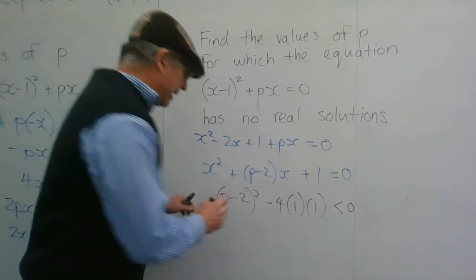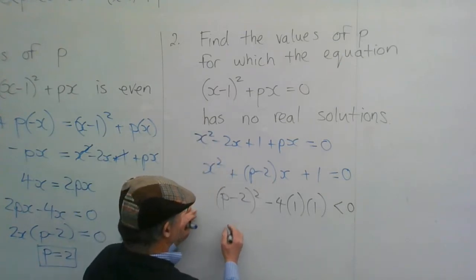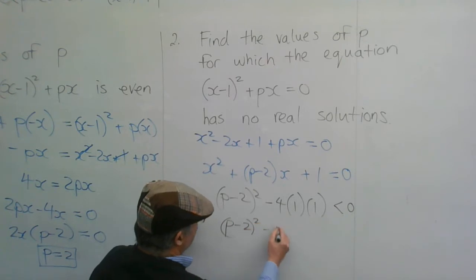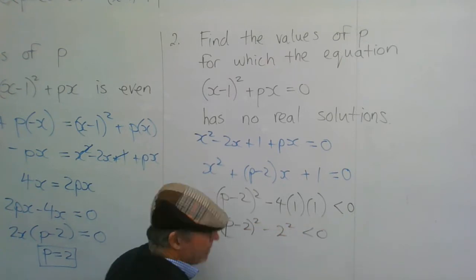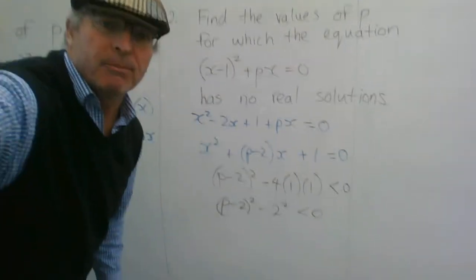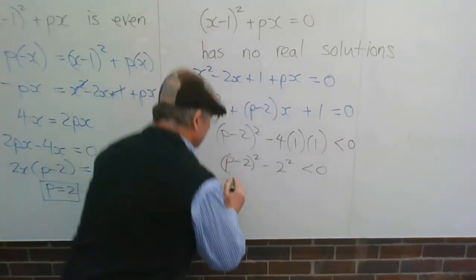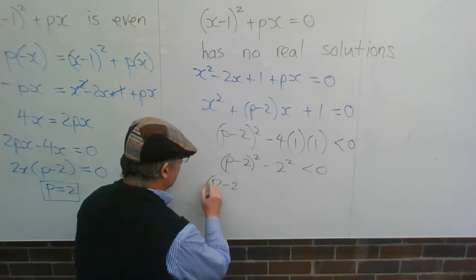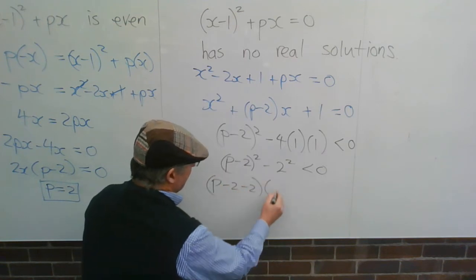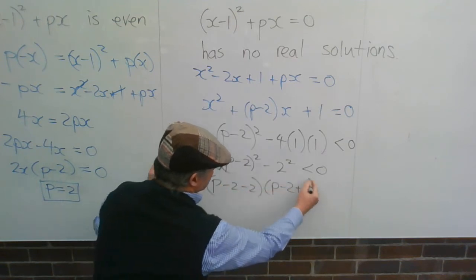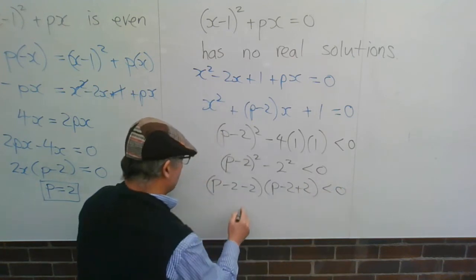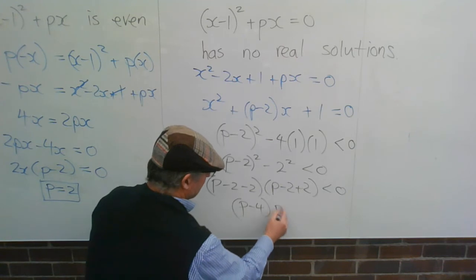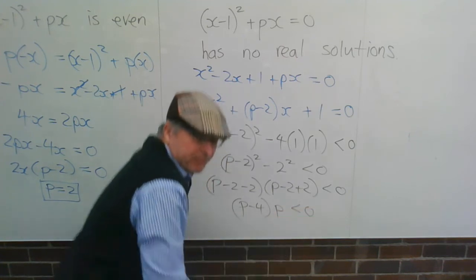So this is (p minus 2) squared minus 2 squared is less than 0. Give myself some more room here. So that's the difference of two squares: (p minus 2 minus 2) and (p minus 2 plus 2) is less than 0. So that's (p minus 4) times p is less than 0.